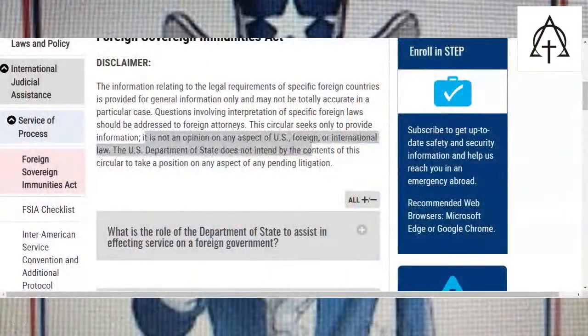This circular seeks only to provide information. It is not an opinion on any aspect of U.S. foreign or international law. The U.S. Department of State does not intend by the contents of this circular to take a position on any aspect of any pending litigation, and the same goes for myself.